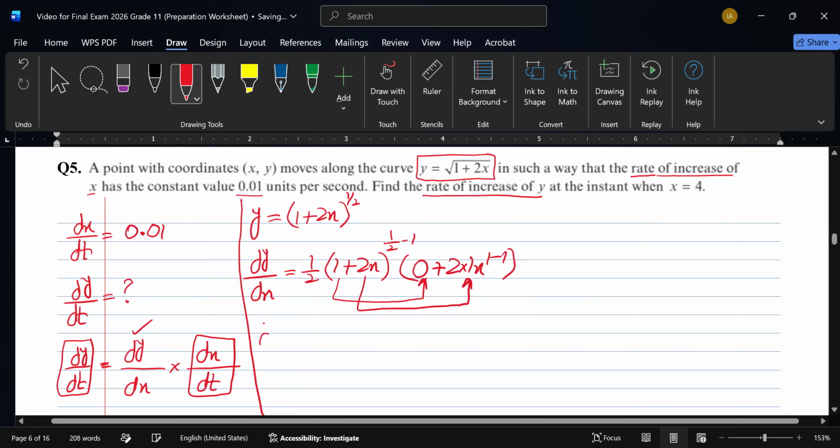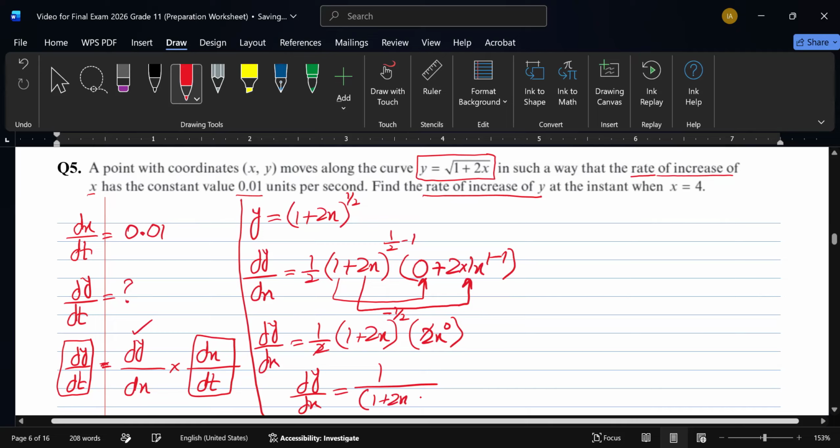So dy/dx is going to be 1/2 times (1 plus 2x) to the power minus half, times 2x to the power 0. Now this 2 and this 2 cancel each other and x to the power 0 becomes 1. So your dy/dx is going to be 1 over (1 plus 2x) to the power half.